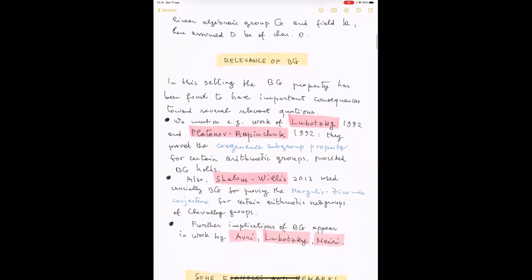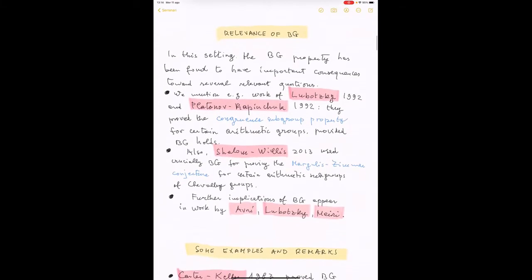Let me make some remarks on the relevance of the condition of being boundedly generated. This notion may appear perhaps artificial, but it seems not to be the case, because it has been found to have important consequences towards several questions.